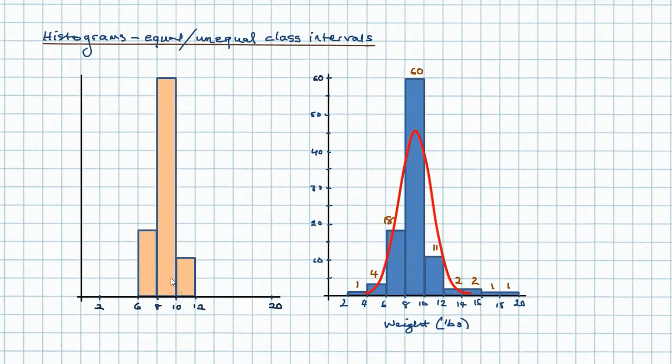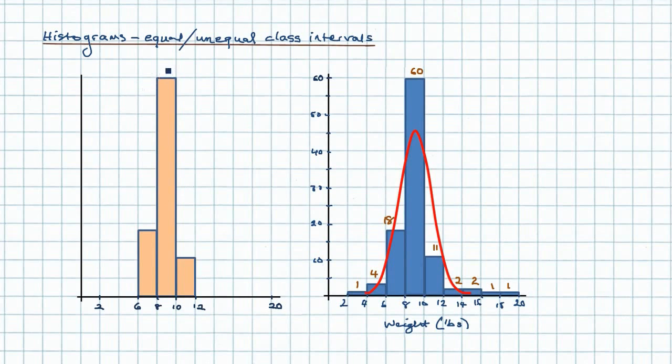The concept here is to study the area now occupied by these rectangles and not the height. So we want the area of this central bar to equal 60, not the height to equal 60.